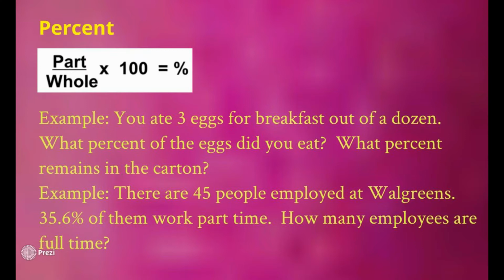Why? Read closely. This percentage is associated with part-time. A lot of people immediately just start plugging things in. You have to read a little bit. You could plug this in, get that value, and then subtract it from the total to get the other guys. But there's an easier way if you just want to solve for X right off the bat.